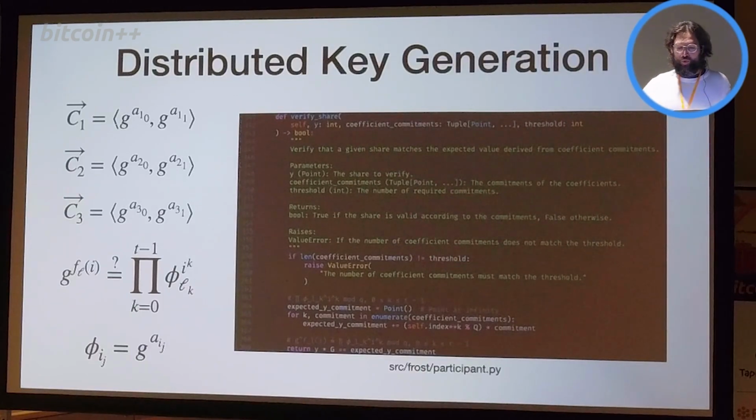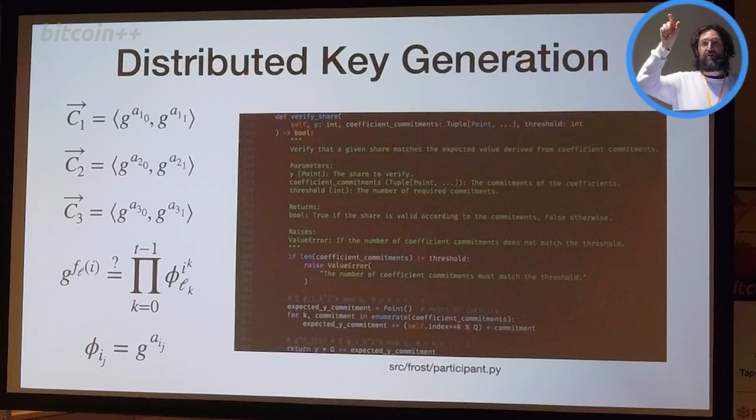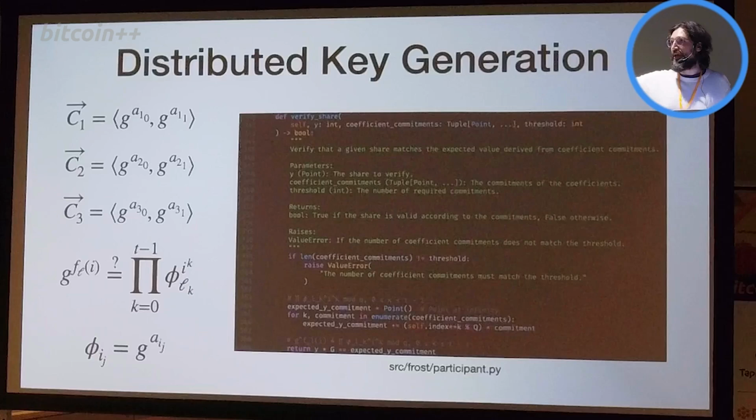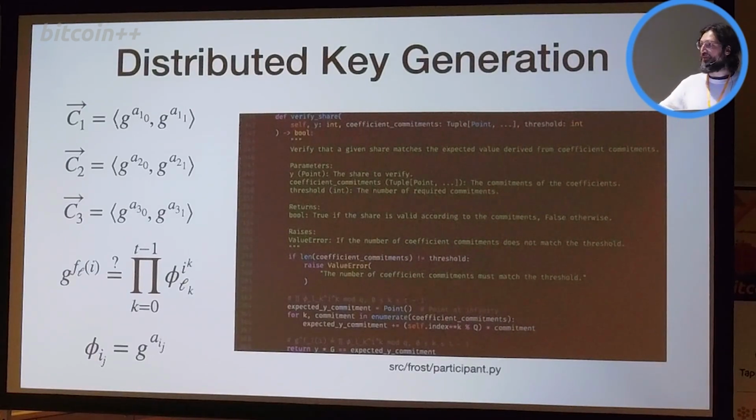And we're doing self.index to the k, which is the polynomial terms x to the k increasing. So like x to the 0, x to the 1. We're iterating through k, increasing it. So that's the increasing x value for each term. And then we're multiplying that by the commitment. So we're just evaluating the polynomial with the commitments instead of the raw coefficients.